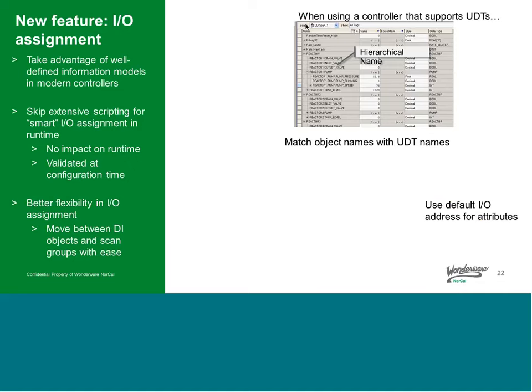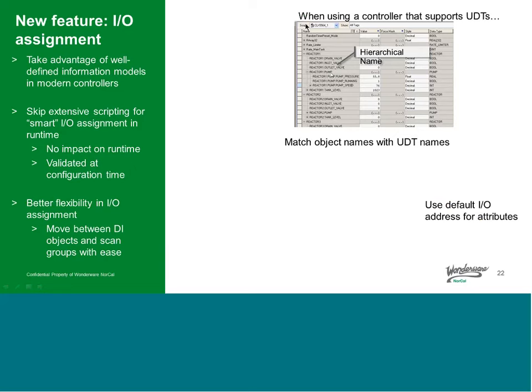What does that mean? It means when I want to connect to my PLC, if I'm using UDTs or user-defined types in my PLC, which is a structured way to configure, program your PLC. For example, you see a hierarchical name here called Reactor 1, and then I've got a drain valve, an inlet valve, an outlet valve, and a pump.